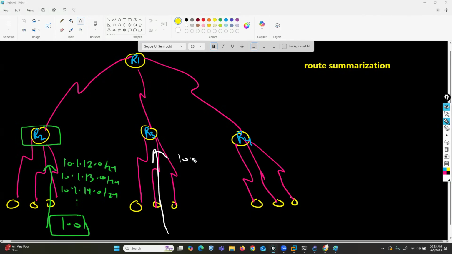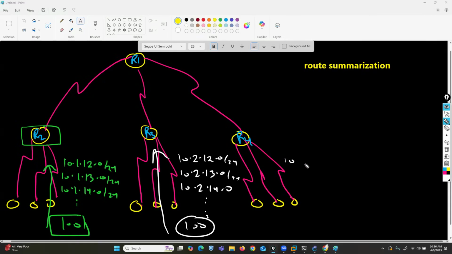For example, R3 is receiving 10.2.12.0/24, 10.2.13.0, 10.2.14.0, and so on, approx 100 network information. Now R4 is receiving 10.3.12.0/24, 10.3.13.0/24, approx 100 routes.